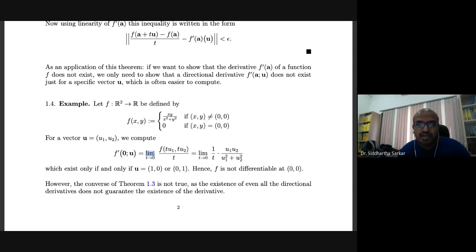It is by definition the limit as t tends to 0 of f of the origin plus t times the vector u, which turns out to be f of (tu1, tu2), minus f of origin, which already vanished because of the definition. And then you plug in these values in the definition, and what you get is, instead of the value at the point (x, y), tu1 tu2 divided by t square u1 square plus t square u2 square.